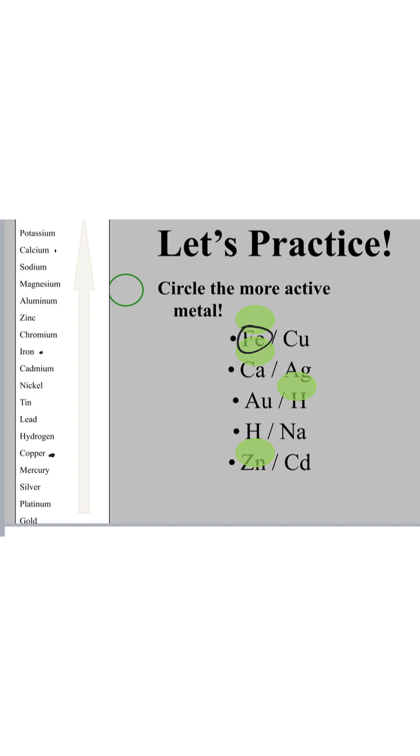Well, calcium's up here, silver's down here. Calcium. Silver or hydrogen. Here's hydrogen, here's silver, so hydrogen. Hydrogen or sodium. Sodium. And then zinc or cadmium. So here I have cadmium, here I have zinc. Zinc is higher, so zinc.